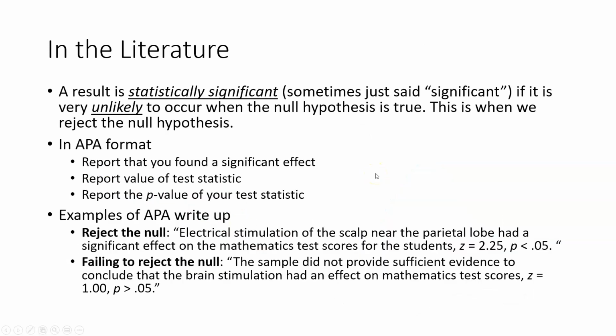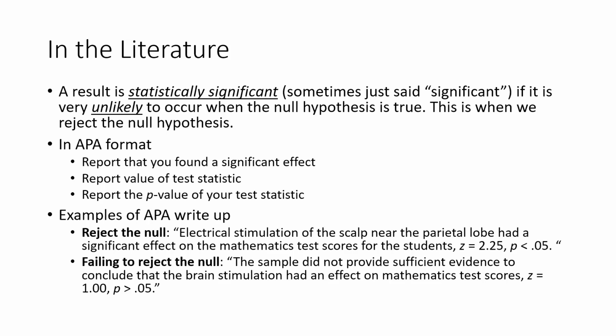I'd like to talk for a moment about how these hypothesis tests are discussed in the literature. A result is statistically significant if it is very unlikely to occur when the null hypothesis is true. Sometimes we just use the word significant instead of statistically significant.